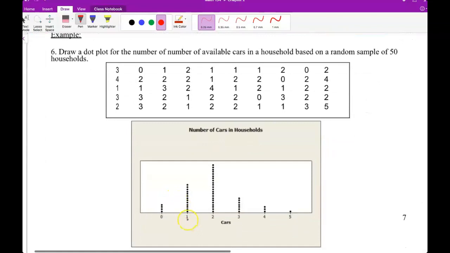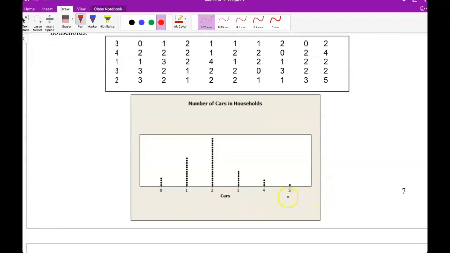And then for 1 car, how many households did we have? The frequency was 13, so we have 13 dots here. This one was 2, here we have 7 dots. For 4 cars we have 3 dots, 1, 2, 3. And here for 5 cars the frequency was 1, that's why we have 1 dot above that number.